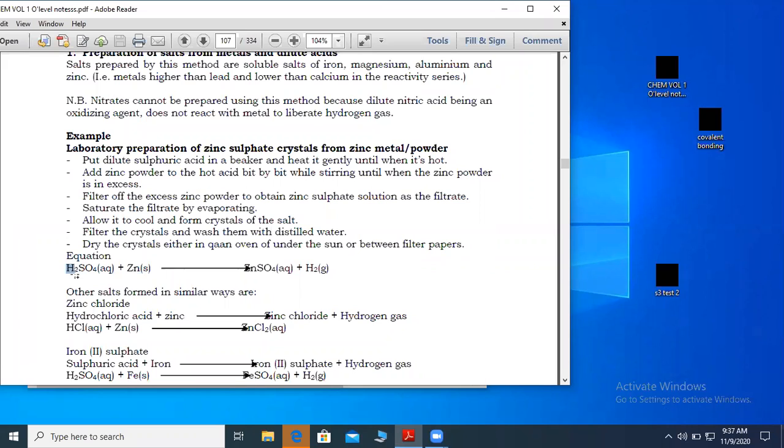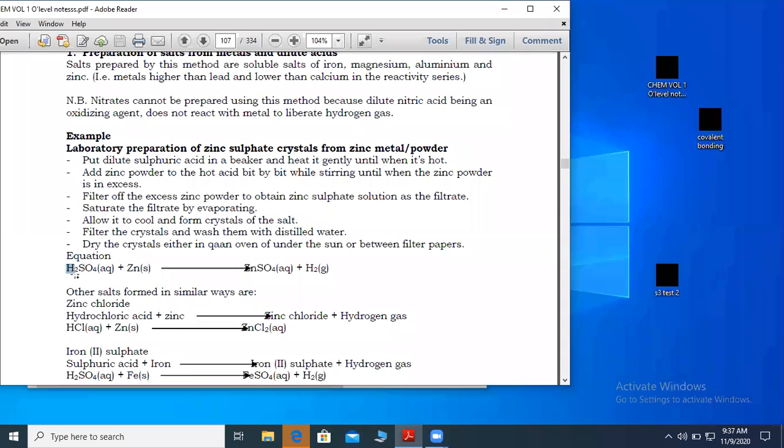So for such metals which are below hydrogen in the reactivity series, we use their oxides, because their oxides are basic. For example, copper 2 oxide is a basic oxide because it is an oxide of a metal. So if it is a basic oxide, it will react with acid.